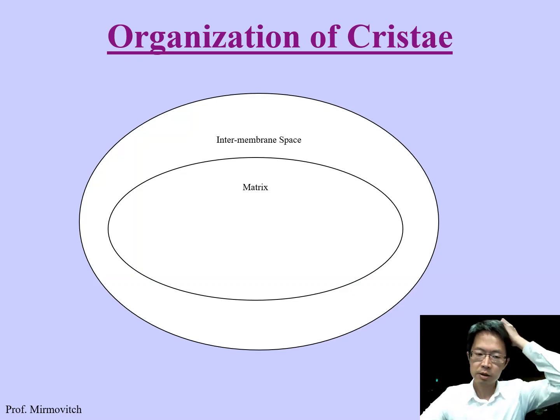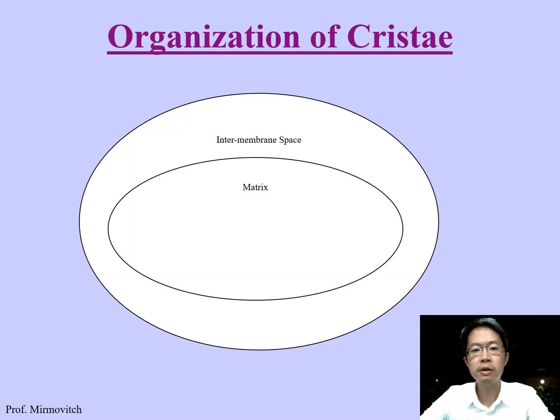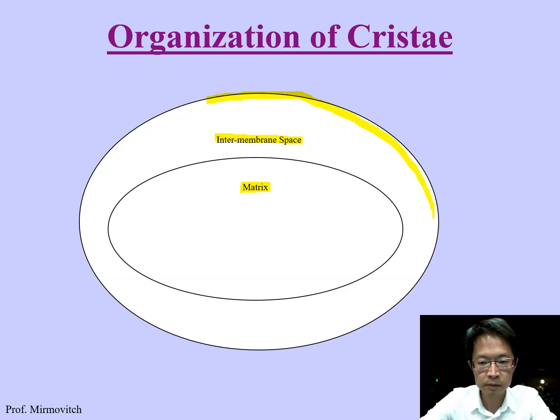So let me give you a summary or basic organization of the Cristae. So in the mitochondria, you have the matrix. Matrix is the fluid filled space. And you have the intermembrane space because mitochondria has a double membrane. So the outer circle here is the outer membrane. Inner circle is the inner membrane.